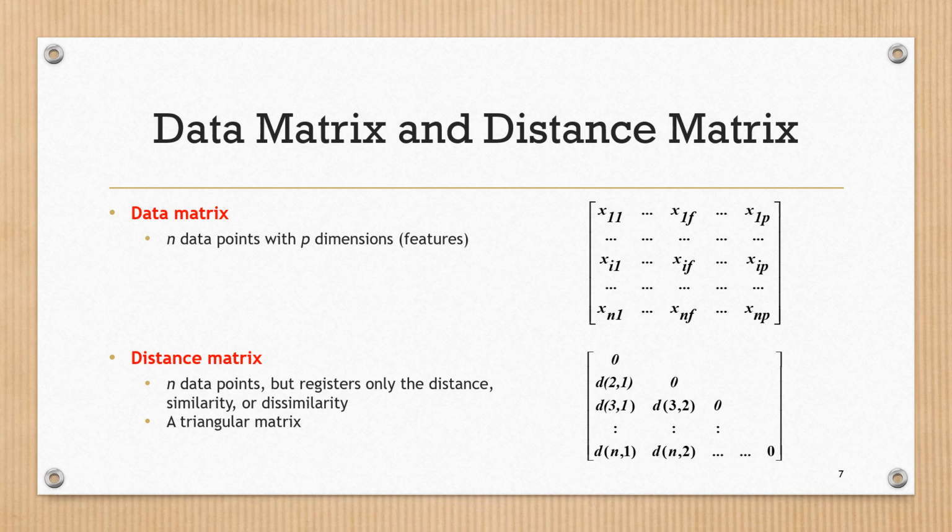For example, the matrix on the right shows the concept of distance matrix, where the first row indicates the first data object and the last row indicates the last data object in the data matrix. Similarly, the first column indicates the first data object and the last column indicates the last data object in the data matrix as well.